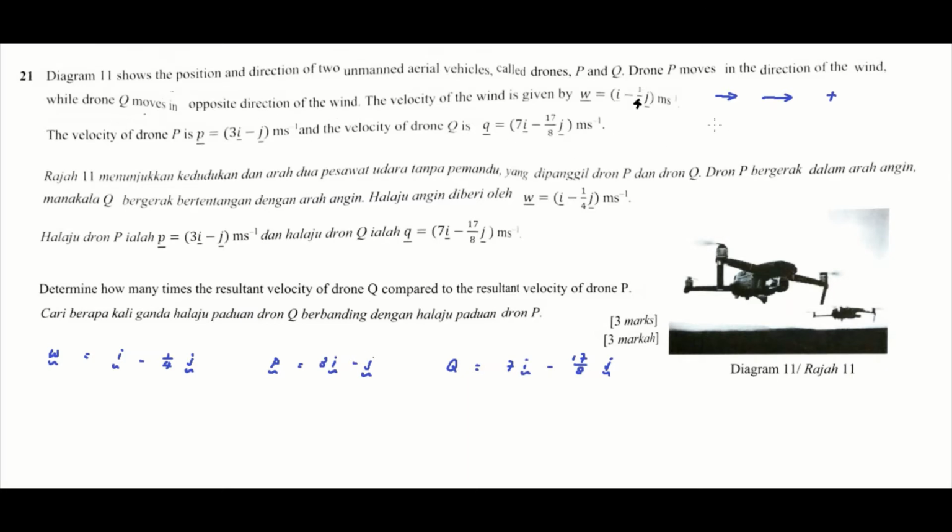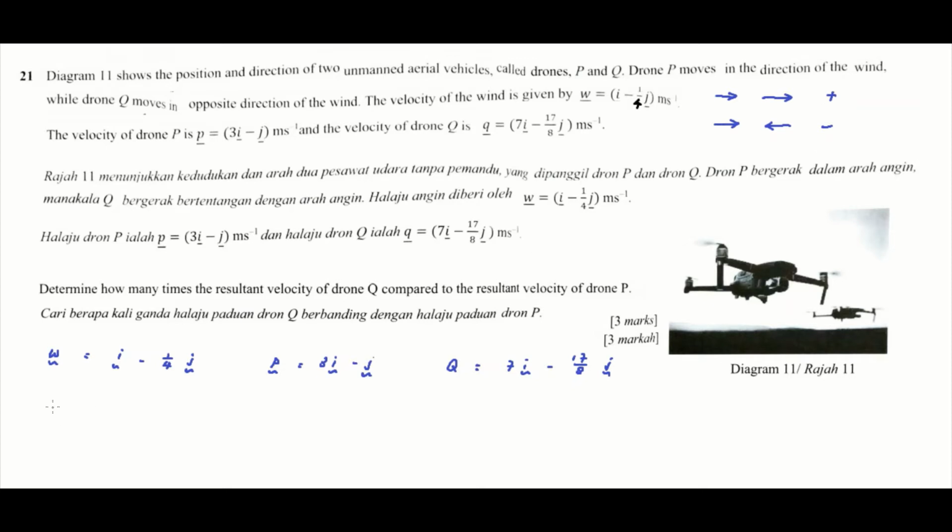If the wind blows like this, the drone moves in the opposite side. It's very logical: if you try to push something and something pulls you the other way, the resultant force is reduced. So it will be a minus.